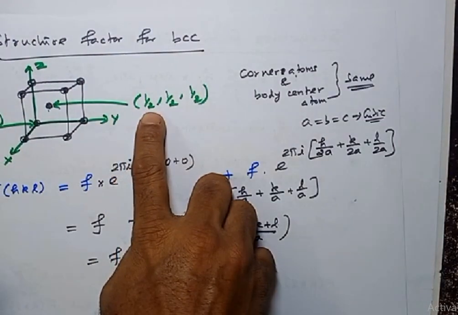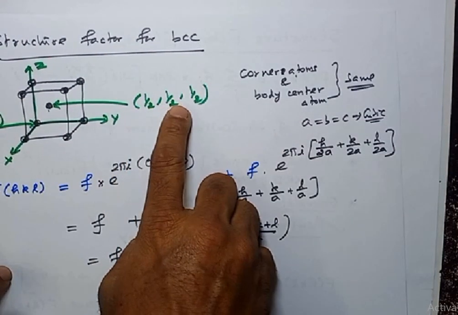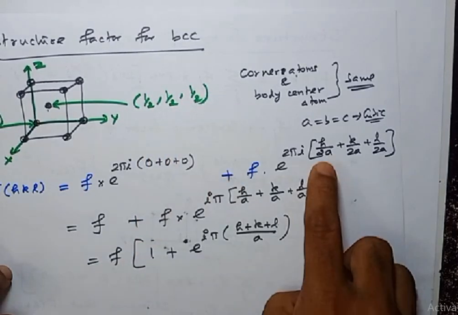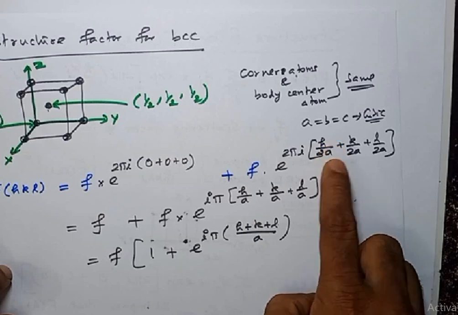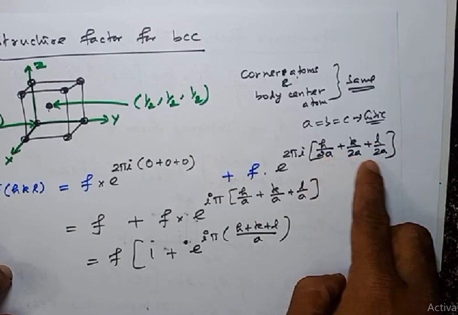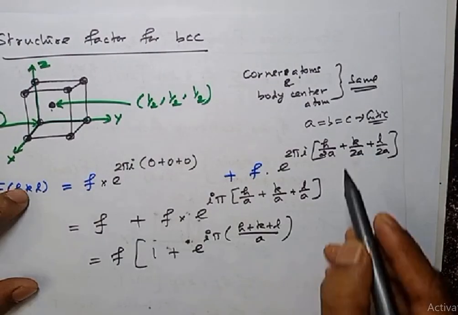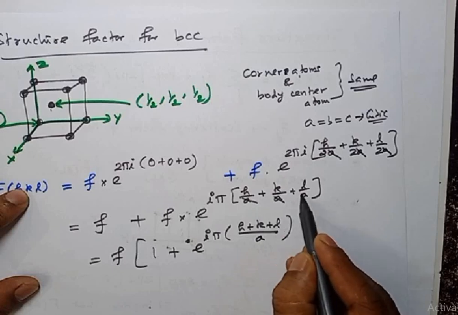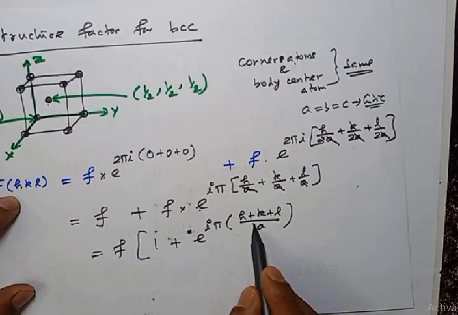The middle point, I just write as half. Actually, it is half a, half a, half a. So if I put half a in the place of xj, yj and zj, then this a gets cancelled. So you won't be having a here, just h plus k plus l. That's all.